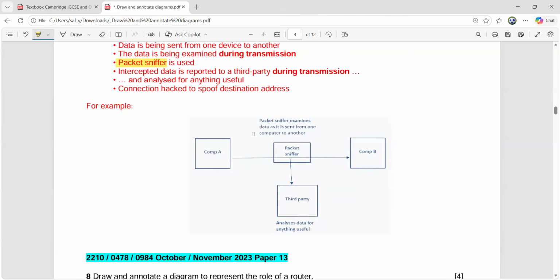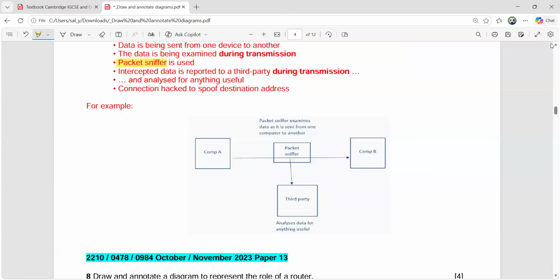Packet sniffer is examining the data as it is being sent from one computer to another. And then this data will be sent to a third party. And this third party will be there to analyze the data for anything useful. Like maybe if the hacker finds anything that is useless, definitely that will be ignored. And whatever is useful for the hacker will be analyzed and used for the purpose of any malicious activity. So a very simple diagram, no problem at all.